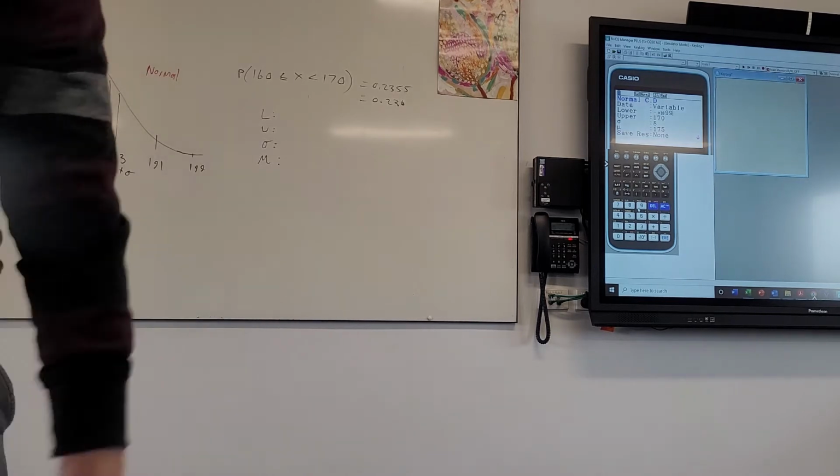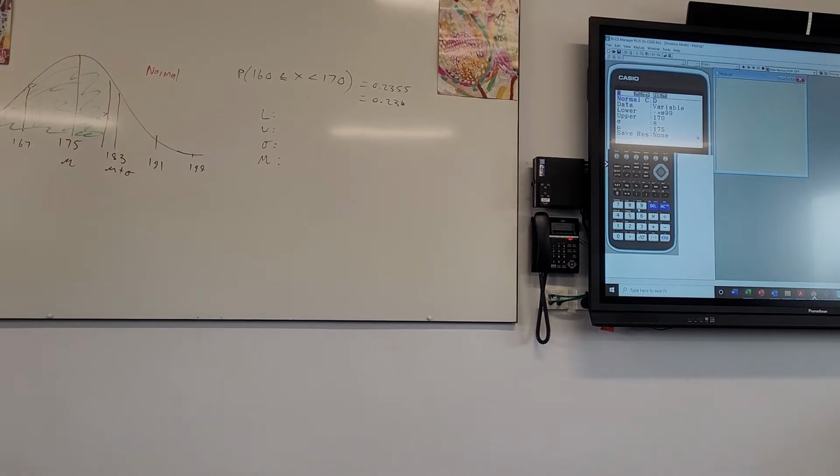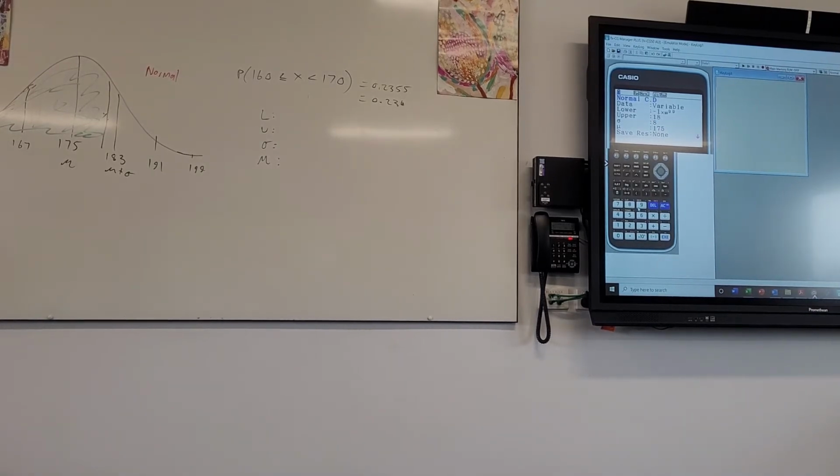Okay, so that's minus 10 to the power of 99. All right, and so that's pretty much minus infinity. So we'll put that in. That's our lower boundary. Our upper boundary is 180.